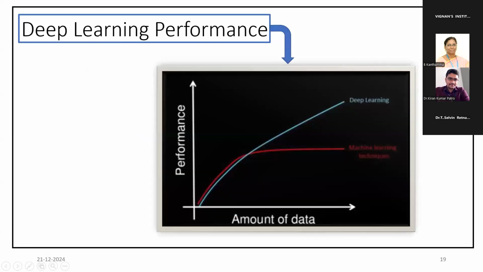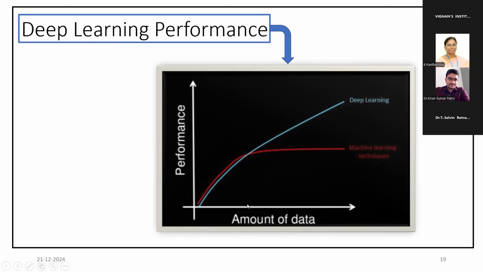So, deep learning performance. When does deep learning achieve good results? If you observe the graph, the x-axis deals with the amount of data, and the y-axis deals with the performance. If the amount of data is low, observe this red line, the machine learning algorithm gives you better performance.